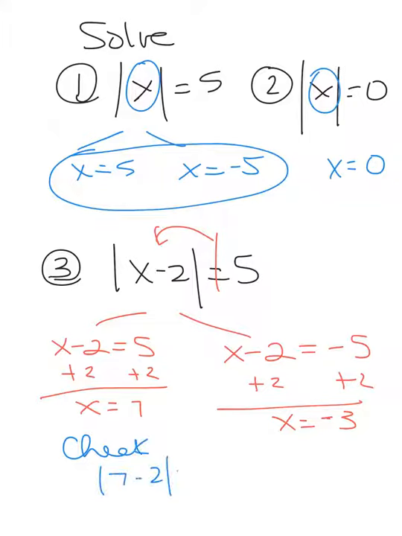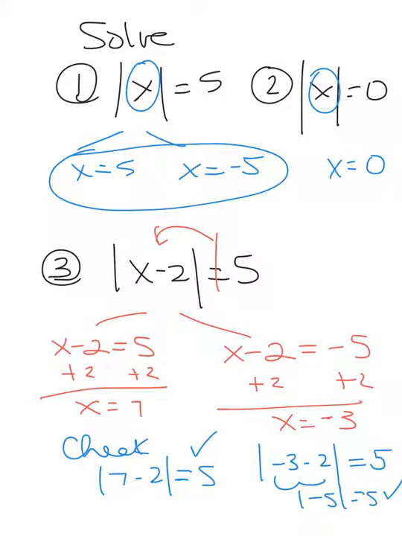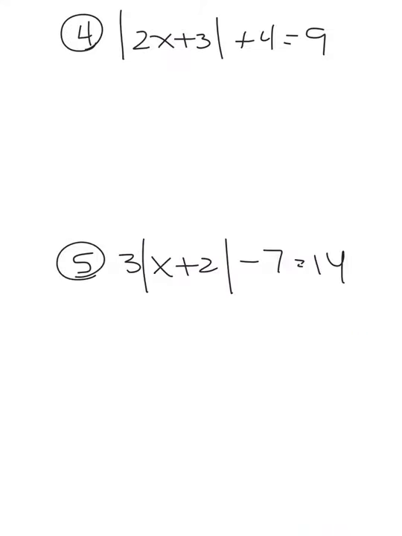I have 7 minus 2 in the absolute value symbol, which is 5, equals 5. That's true. And when I check my other equation, I have -3 minus 2, and the absolute value symbol is equal to 5, which is true because this gives me the absolute value of -5, which is 5, so I'm good. So I know both of these answers are correct.